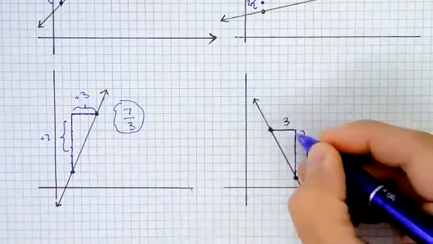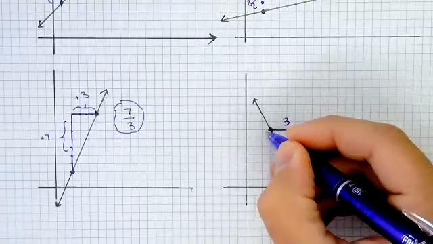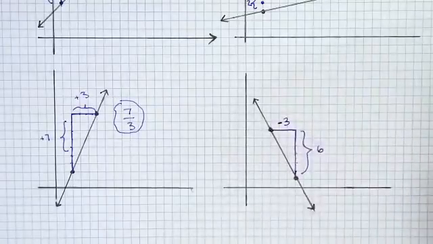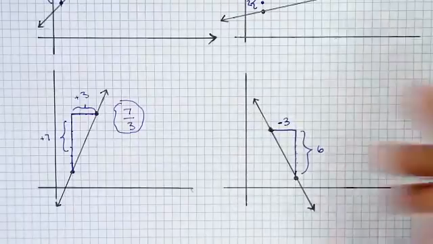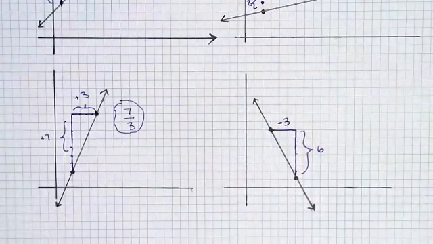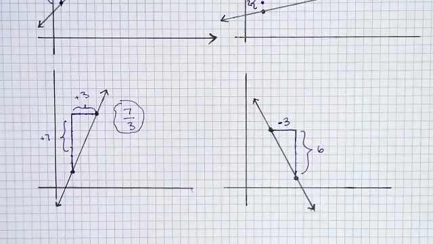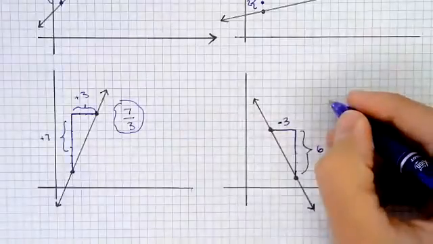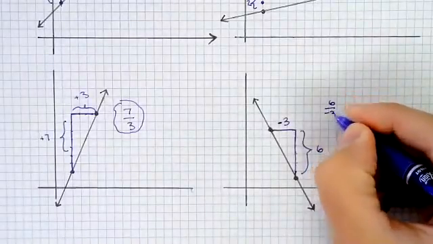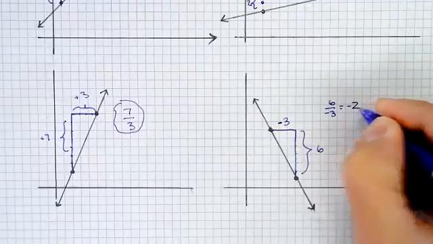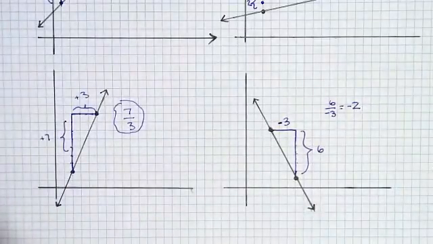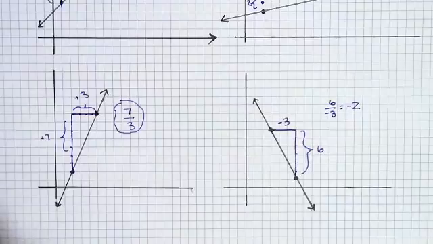But notice my change in x values, I'm going to the left. So that would make that a -3. So then I get a 6 divided by -3, which would give me a slope of -2.